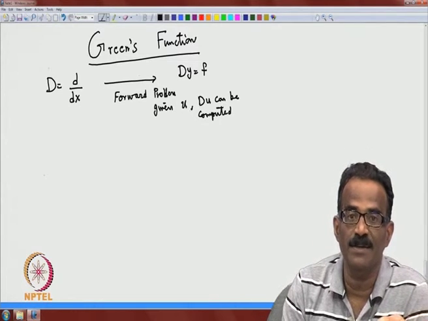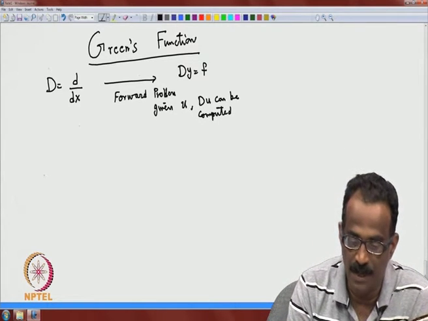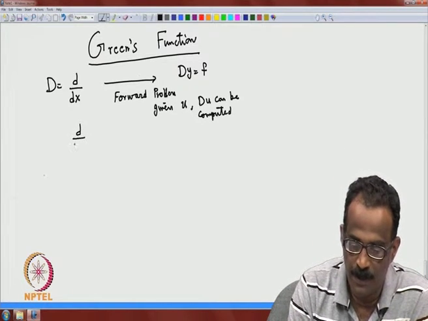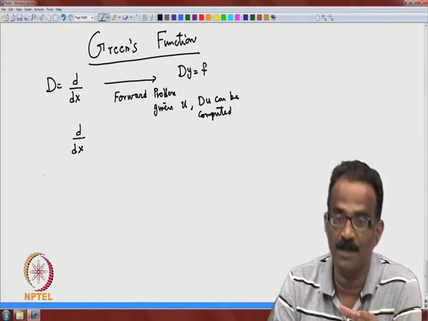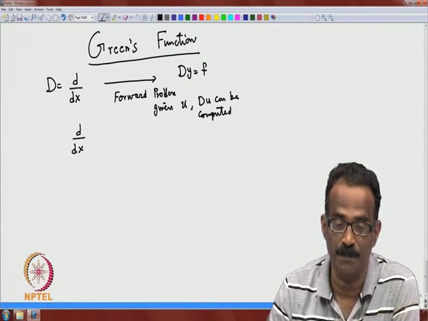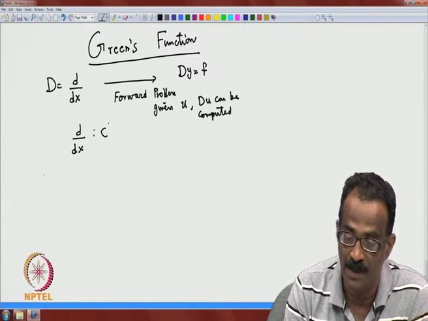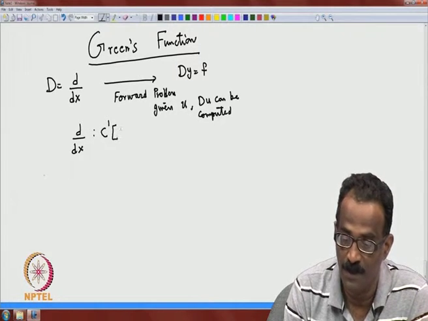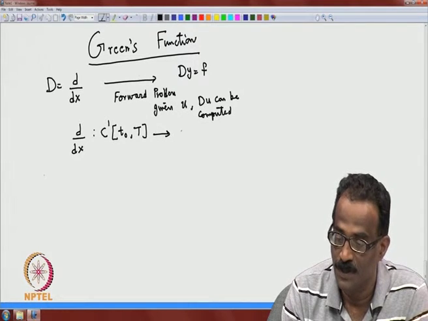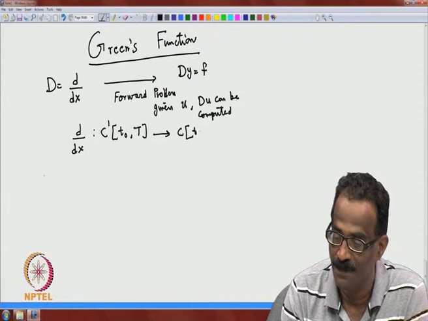So you can think that d by dx is a mapping. As I said, this is for motivation; one can make it precisely defined. For example, you can say it is a function from C1 of some interval t naught to t going to C of t naught to t.